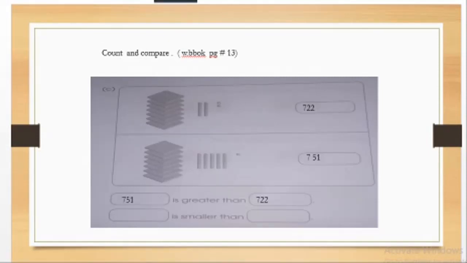This picture is already explained in lecture number 1, where you read what these big squares stand for.